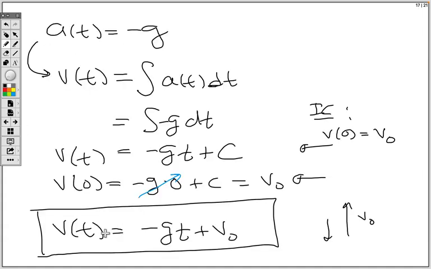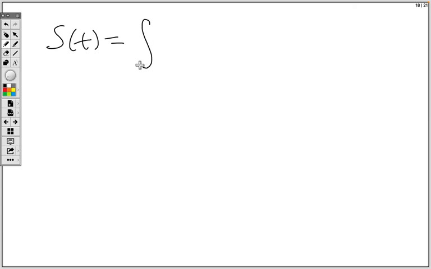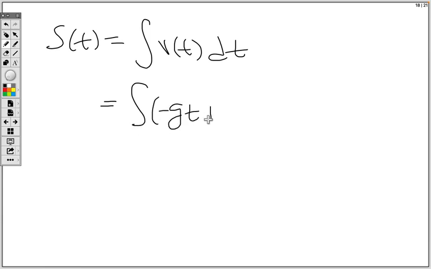All right. Now to get our s of t, our position function, remember the derivative of position is velocity. That means that the position is the integral or antiderivative of velocity. So we'll go ahead and do that. And we can use our sum and difference properties and constant multiple properties.